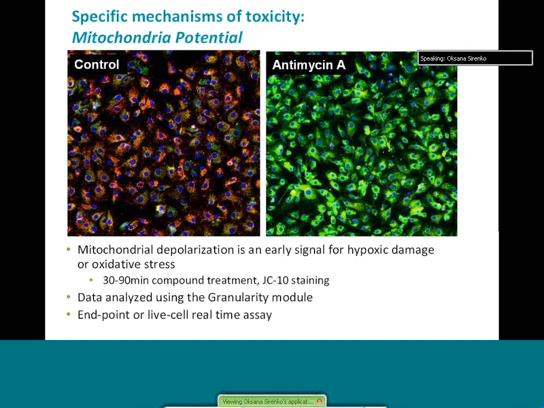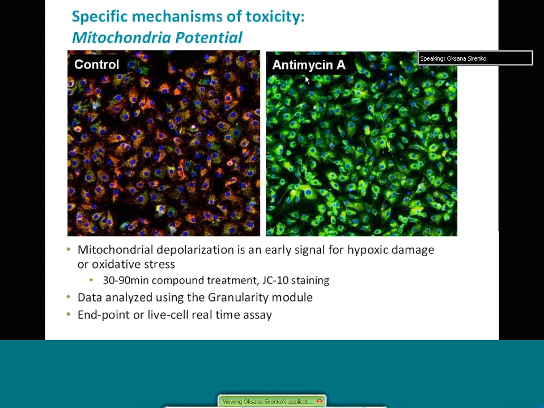Mitochondrial depolarization is an early signal for hypoxic damage or oxidative stress. This is a relatively short-term assay where cells are treated with compounds for 30 to 90 minutes and then followed up by JC10 stain. So you can see in orange intact mitochondria which are stained with the dye.